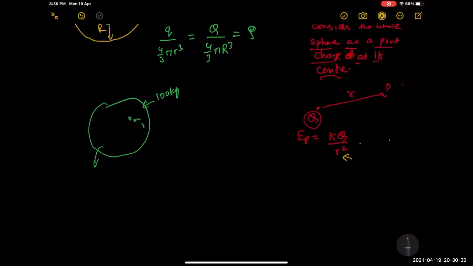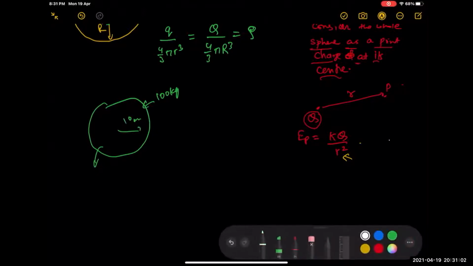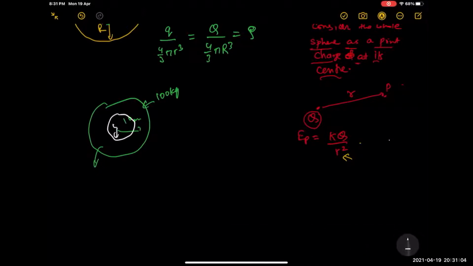Now suppose I cut this ball into a smaller ball of radius 5 centimeter. Then what is the mass of that smaller ball? If I exclude everything outside, you will find the proportion of volume, right?